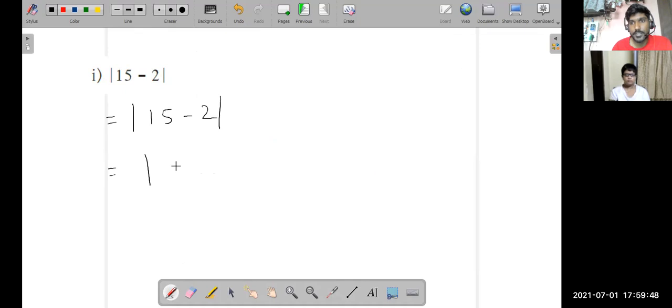How much is 15 minus 2? 13. When there is a positive number inside the mod, it will remain positive only. So this will become 13 itself. Clear? Yes.